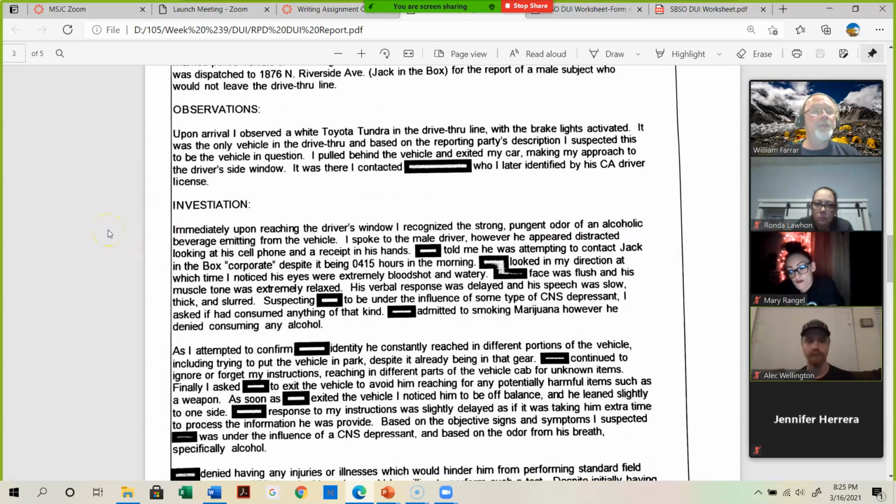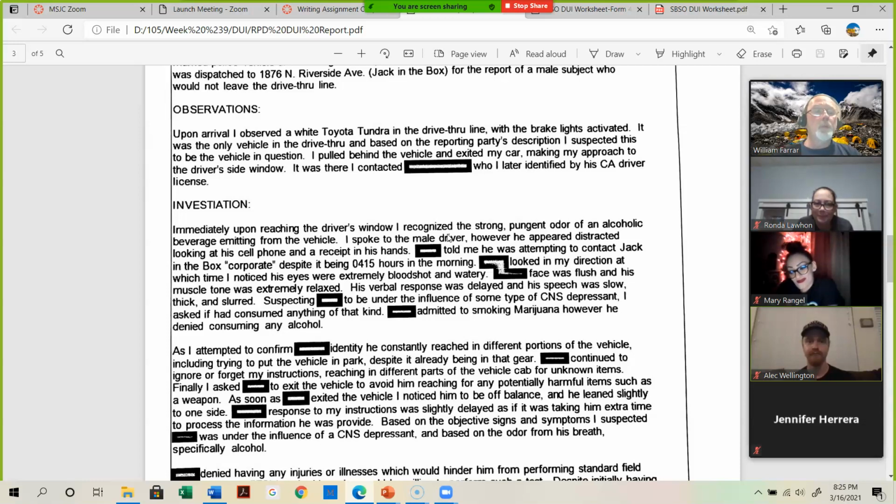Here's the investigation. Instead of a crime scene, when he gets to the car, he recognizes the strong odor of an alcoholic beverage. And you'll learn how to use the words, because you're not going to be able to say, when I approached the car, I smelled Budweiser beer emitting from... You don't know what that is.